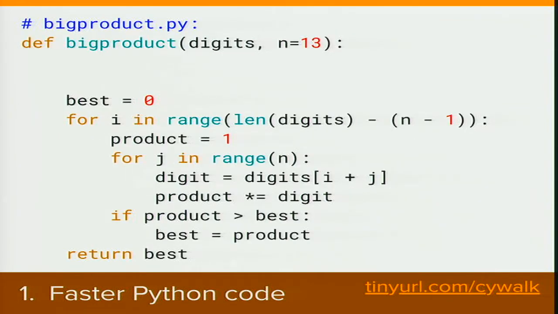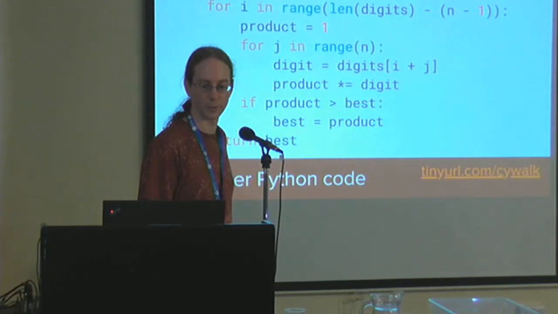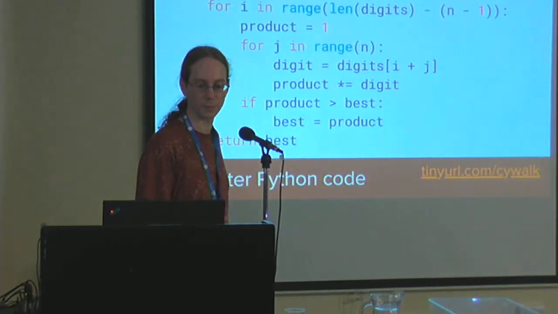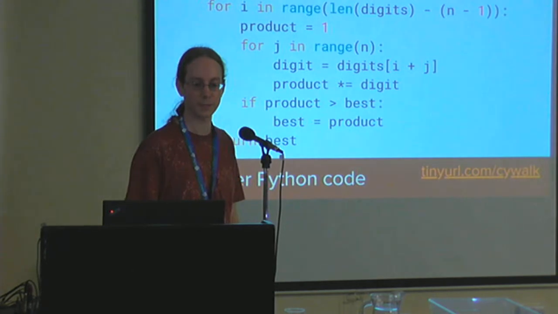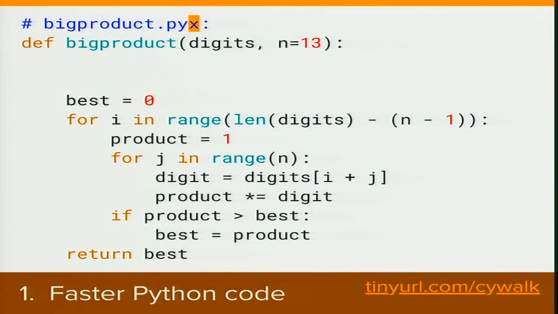So the next thing we were going to show you is converting bigproduct.py into bigproduct.pyx, which is the file extension for a Cython file. And we're going to convert as many of the Python objects into C types as possible. So the first line we're going to have a look at is the function header, bigproduct.